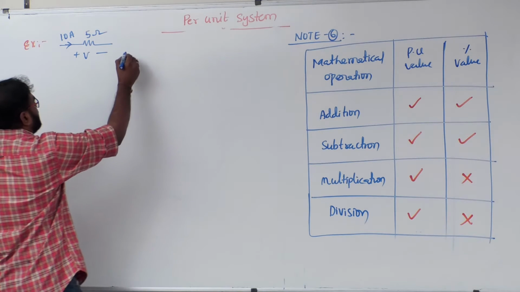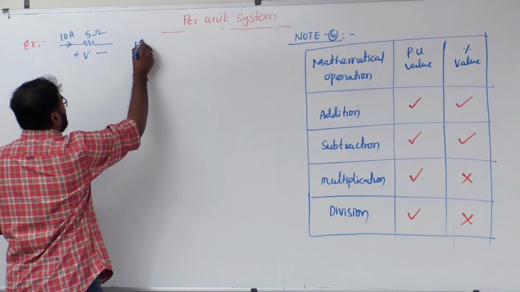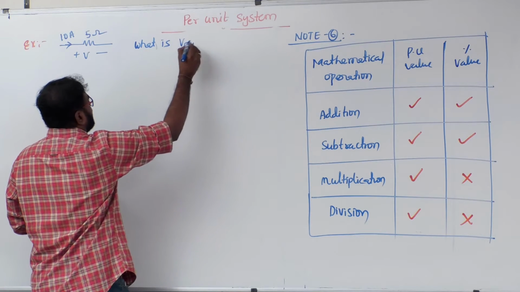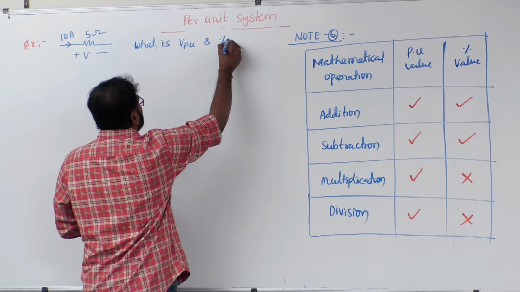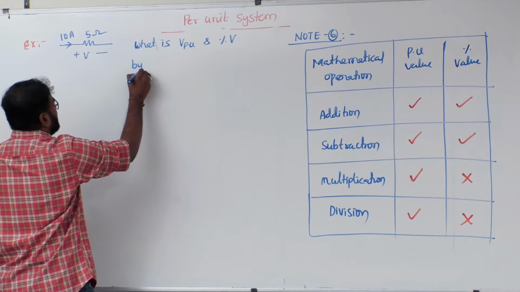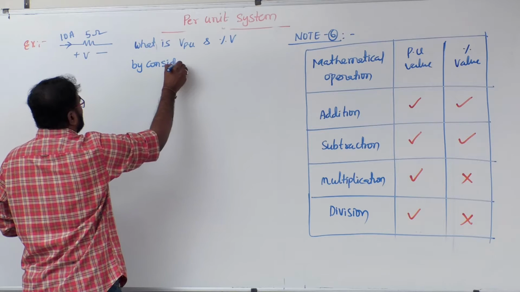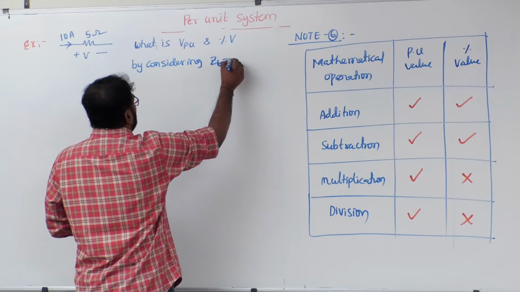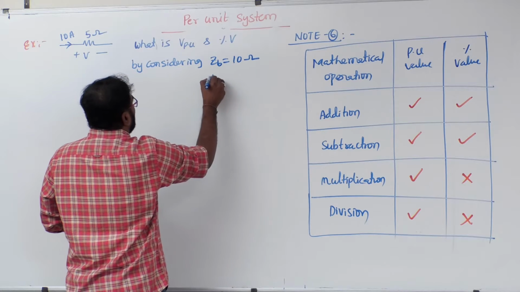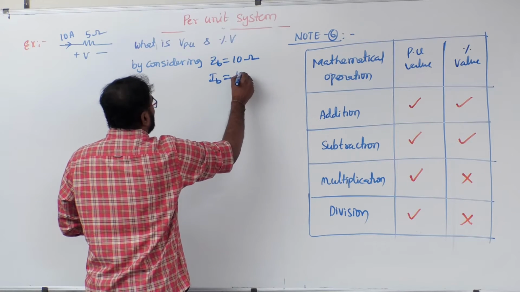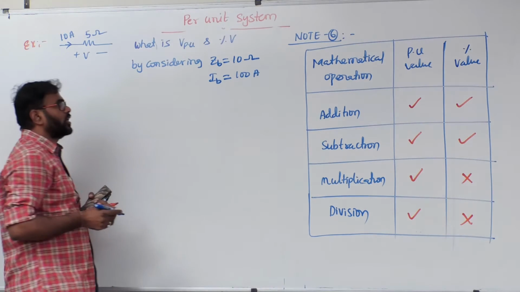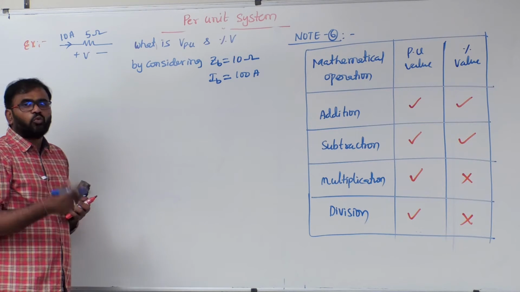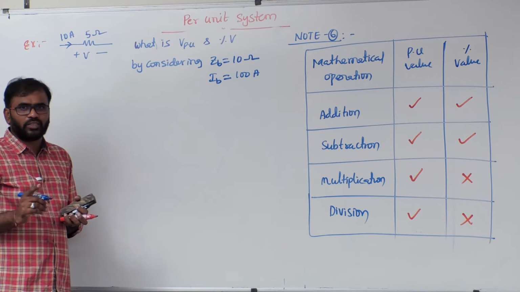Now the question is, what is V per unit and percentage V by considering Z base equal to 10 ohms and I base equal to 100 ampere. We need to define what is V per unit and what is V percentage.